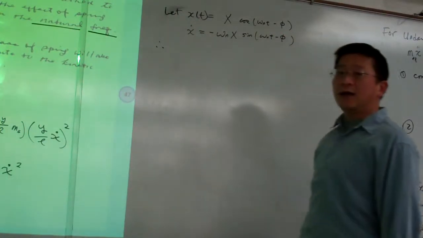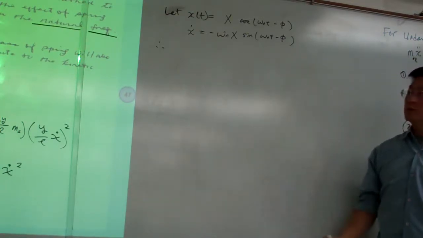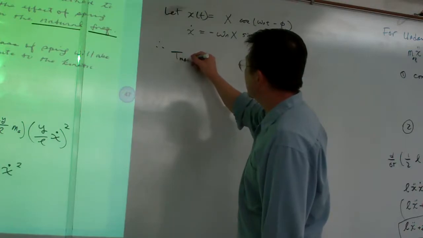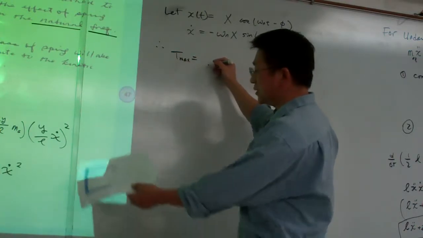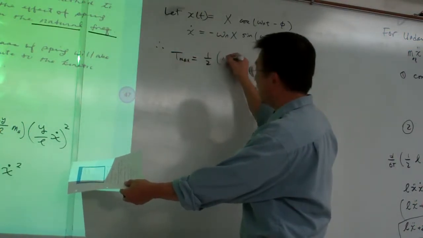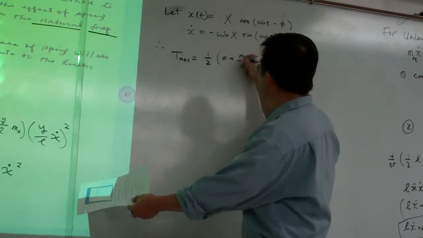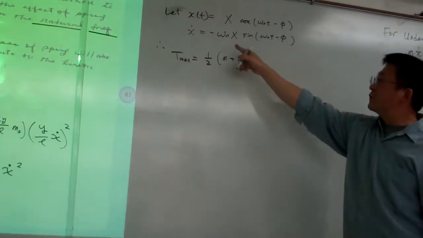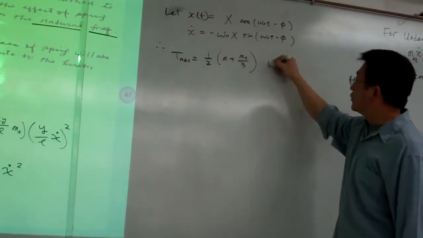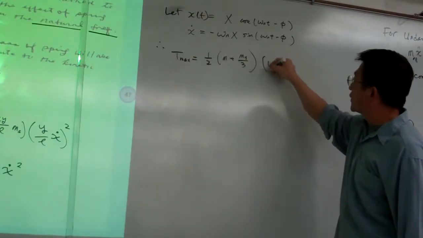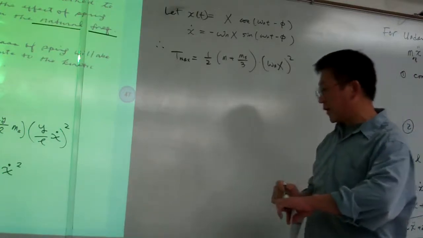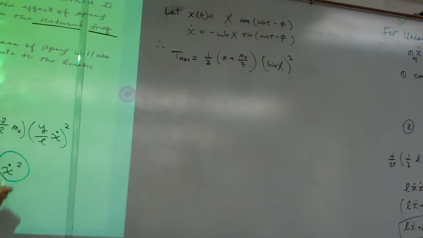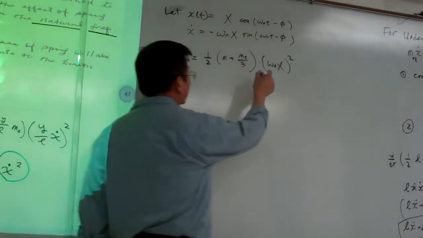With this assumed form of the solution, we know T max will be 1/2 times m plus ms over 3, times the maximum velocity, which equals omega n times capital X, squared.